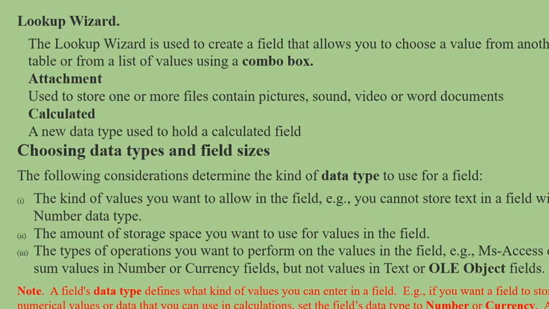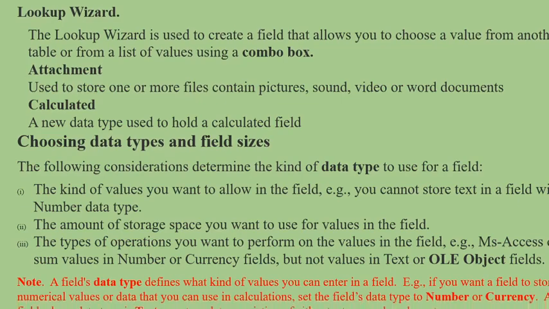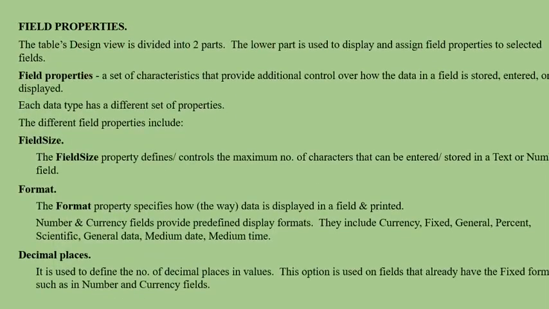Therefore, you can consider the amount of storage. Thirdly, the types of operations you want to perform on the values. For example, Microsoft Access can sum values in number or currency fields, but not values in text or other data types. And therefore, those are the three important points.